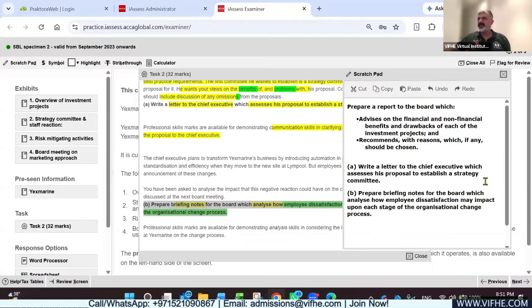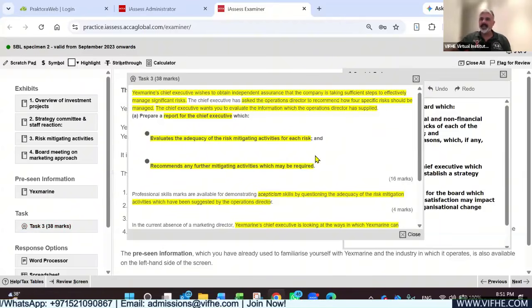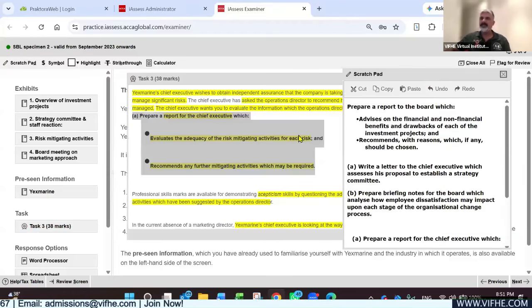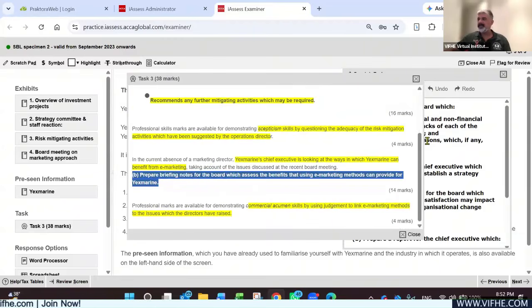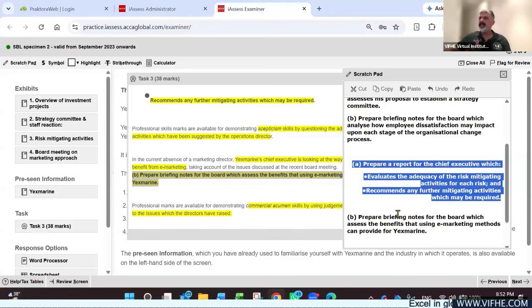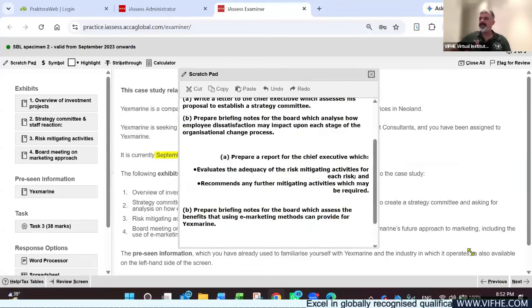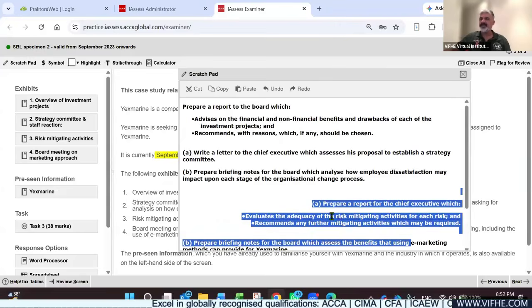Then I will close this task. I will go to task number 3. I will select the bold portion and 3B. I will copy. Done. Now what I have done is I have copy pasted all the tasks in one page. Can you see?